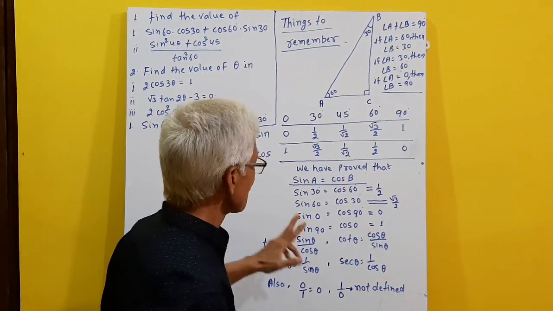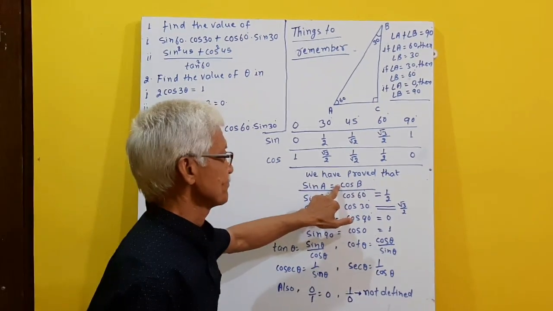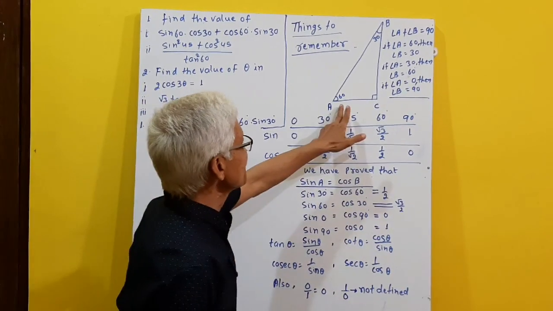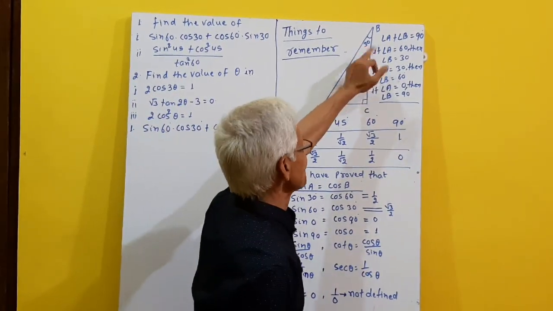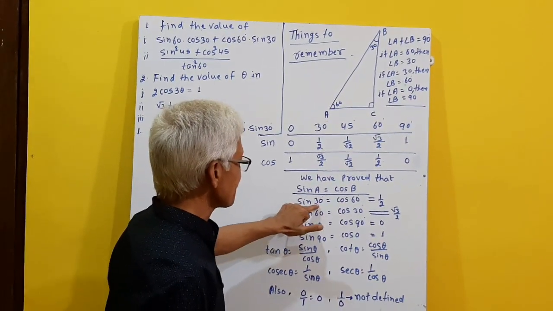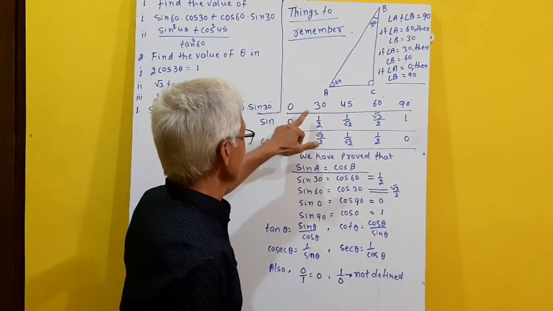And we have already proved that sin A is equal to cos B. Sin of this angle is equal to cos of this angle. In this connection, we see sin 30 and cos 60 have the same value, 1 by 2.